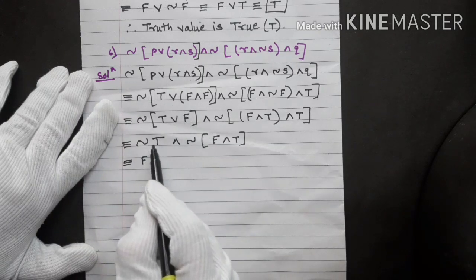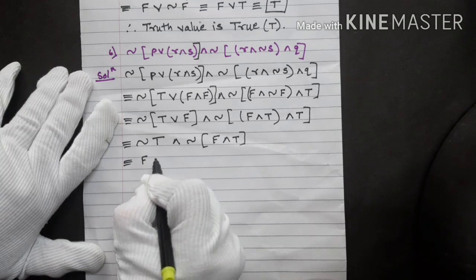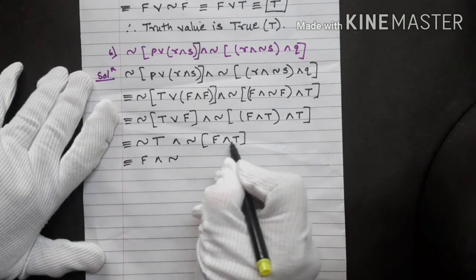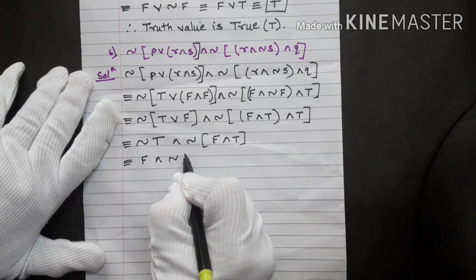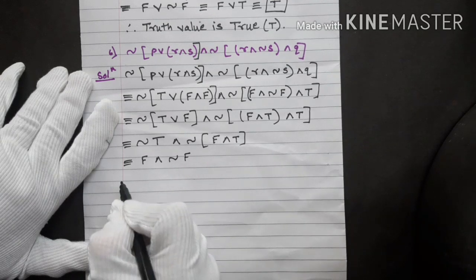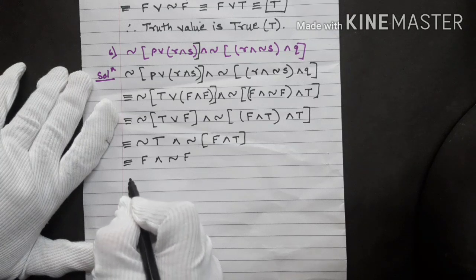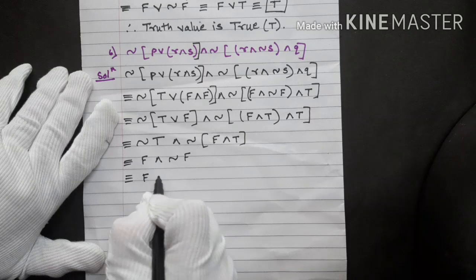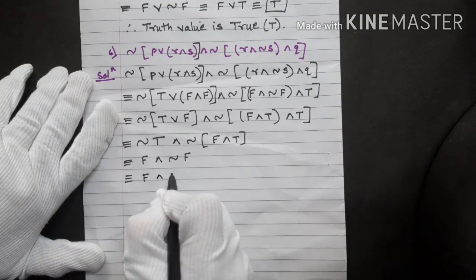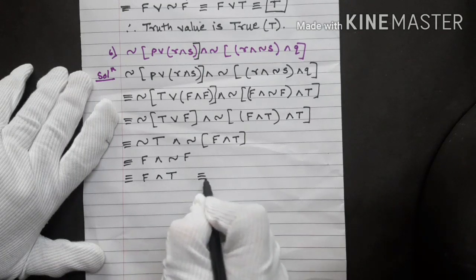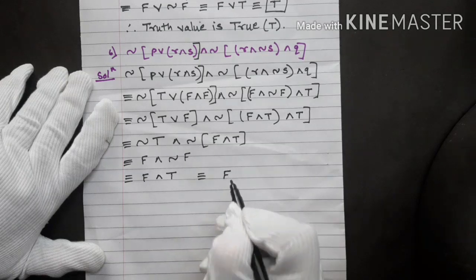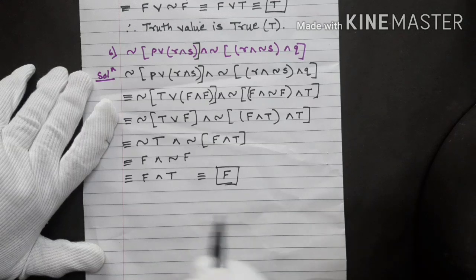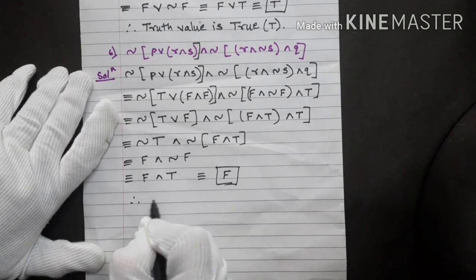So we can solve this negation T and negation F and T is again F. So you get F and negation F is T and this is equal to F. F and T is F. So the truth value is false.